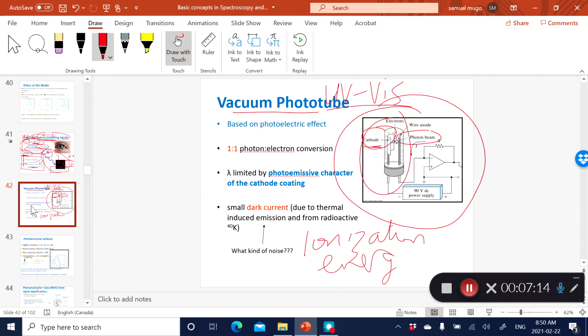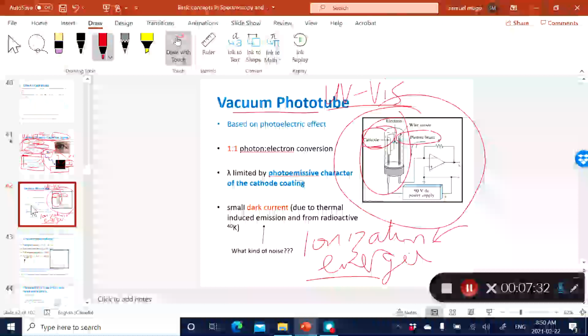Okay? And so if you look at the ionization energies of the group 1 and the group 2 elements, you're going to realize that they've got a fairly low ionization energy, meaning that they don't need a lot of energy from a photon to cause the release of that electron.